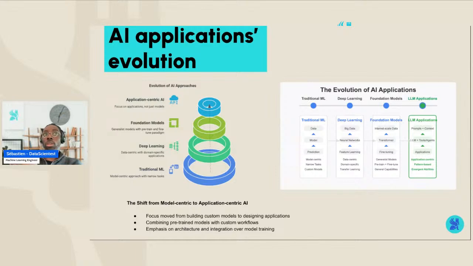And based on the success of deep learning came the foundation model. Foundation models are what unlocked everything that we know today. Foundation models are deep learning models with transformer architecture, trained on huge amounts of data. So we started talking about large language models after the creation of foundation models. And nowadays, we are more focused on building applications based on foundation models.